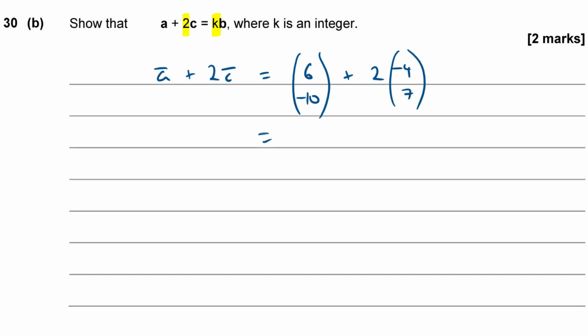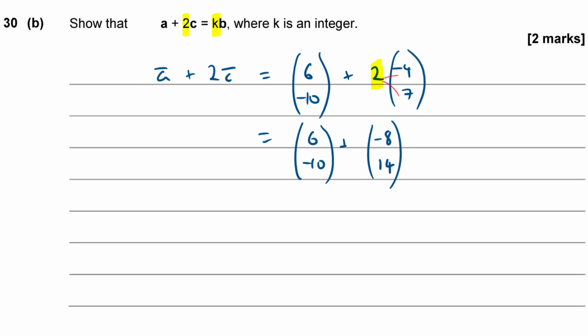So when I've got a scalar outside of a vector like that, I need to multiply both numbers inside my vector by that 2. So that is going to be the same thing as 6, minus 10, plus 2 lots of negative 4, which is negative 8, and 2 lots of 7, which is 14.